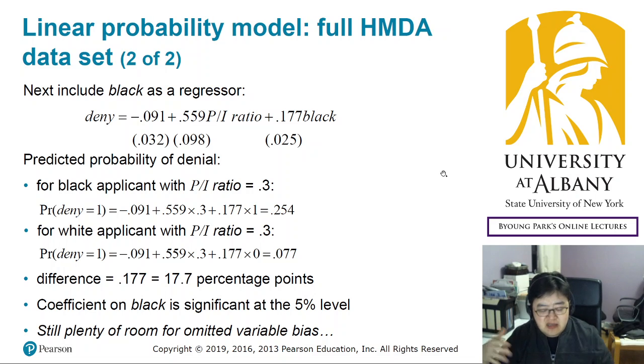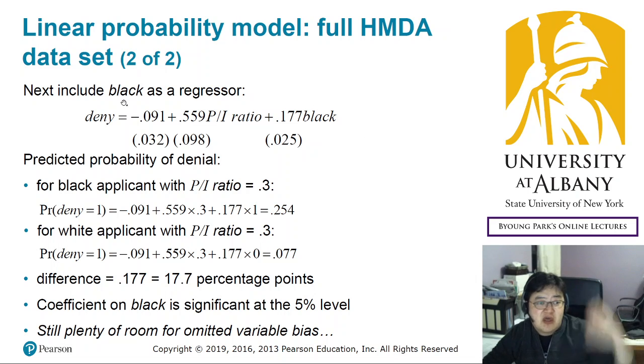You may extend everything we learned earlier, and it still works in the same way with a little bit of different interpretation. Say now I include a black dummy variable. If you are black, it takes 1, otherwise 0. Then the denial probability increases if you are black.